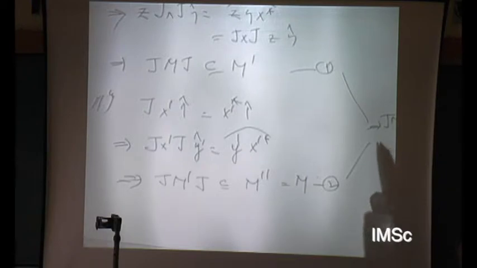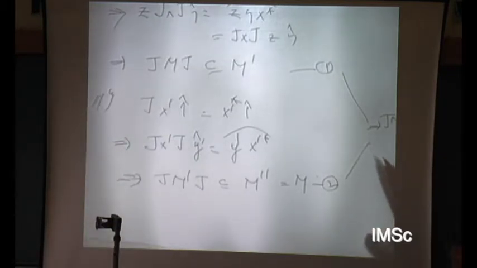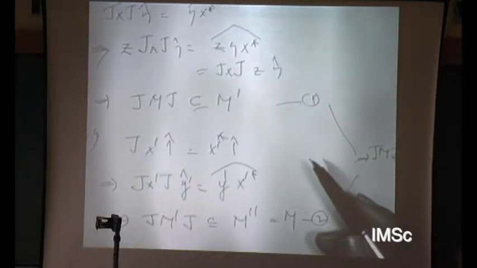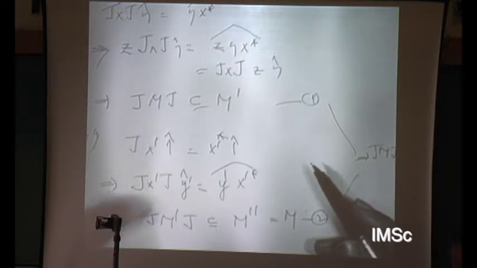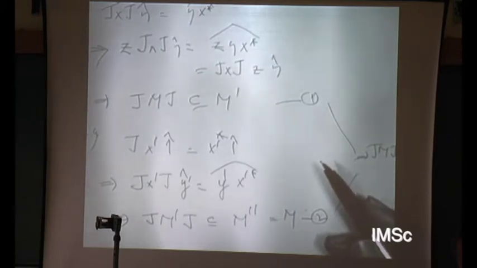But there was a delta that came from taking the polar decomposition of what I've called J. In fact, in the original statement of Tomita's theorem, I had said you define an operator S by sending x hat to x star hat, then call that S naught.